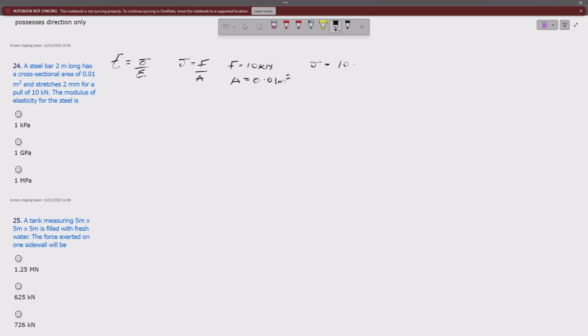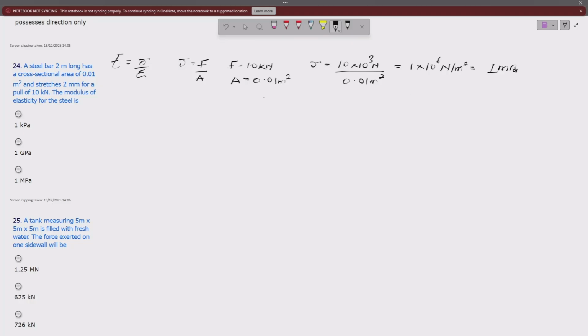So therefore stress will be 10 kilonewtons, 10 times 10 raised to the power 3 newtons divided by 0.01 meter squared, which is going to give us 1 times 10 to the power 6 newtons per meter squared. That is the same as 1 megapascal.